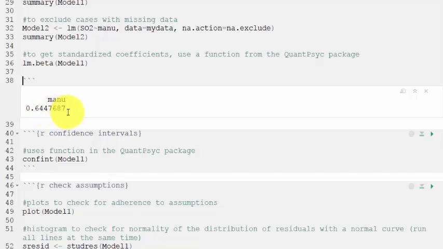And so interpreting a standardized coefficient, these are in terms of standard deviation units. So a 1 standard deviation unit increase in the manufacturing variable would predict a 0.65 standard deviation increase in our outcome variable of SO2.